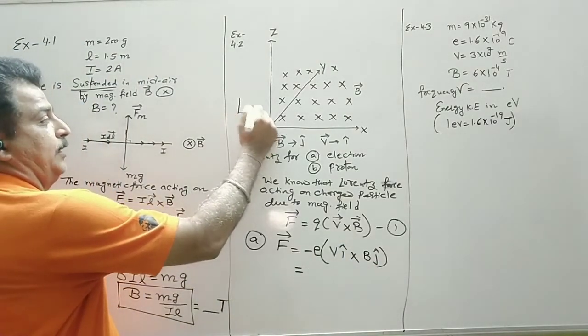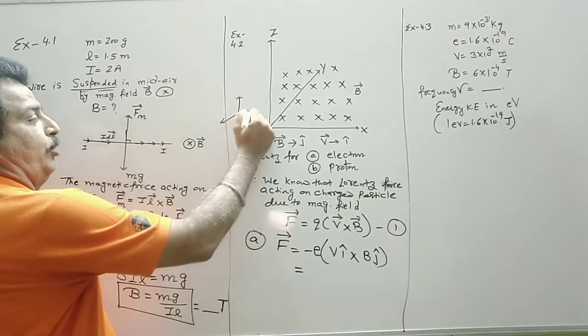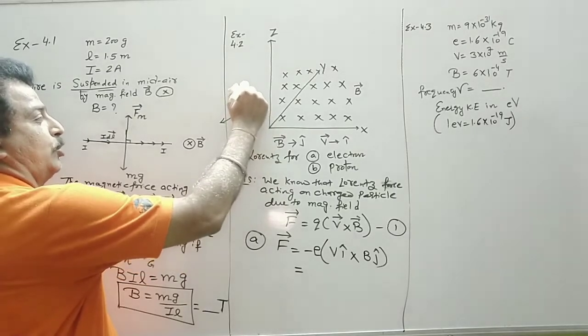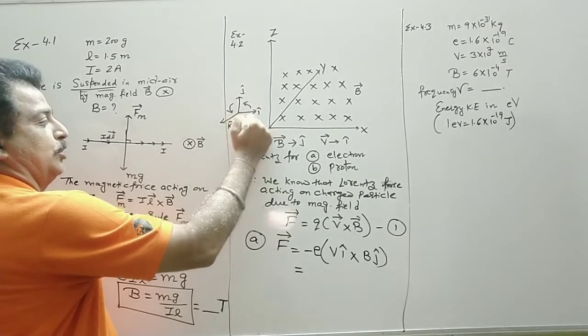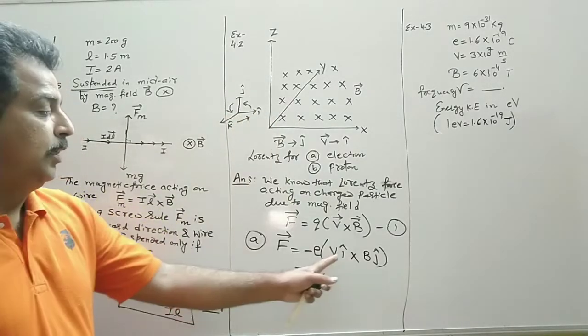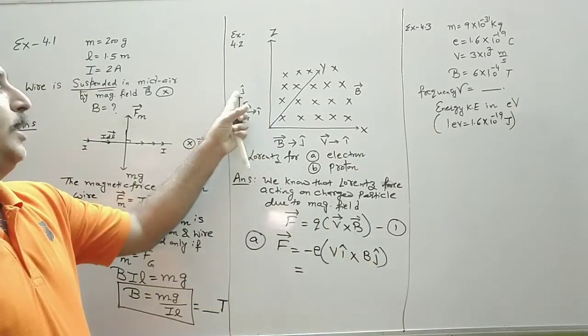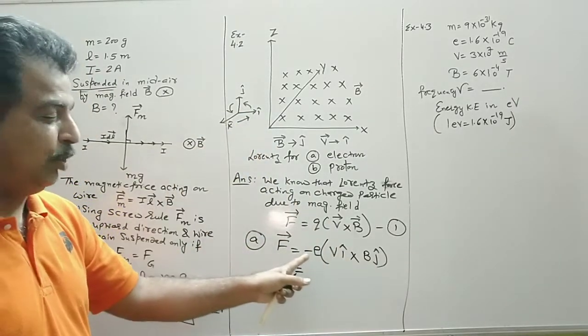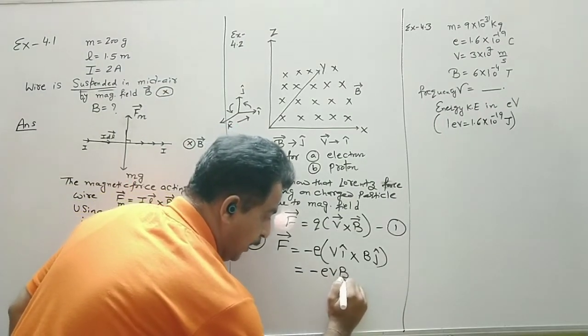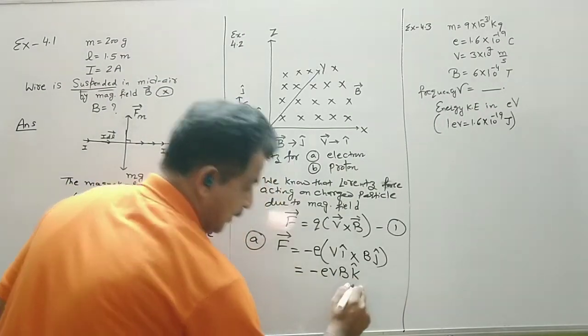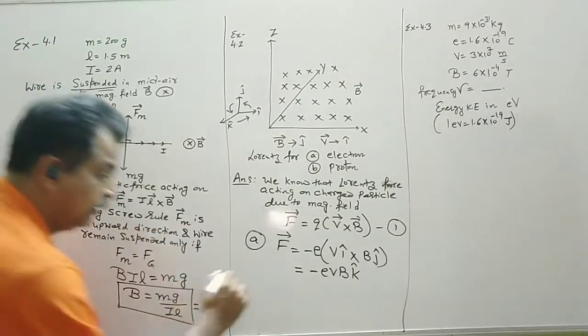This is our formula for the cross product. i cross j is k, j cross k is i, like this. Now we have i cross j, so that is k. We already have a minus sign, so it will be minus eVB k. This minus is indicating the direction.